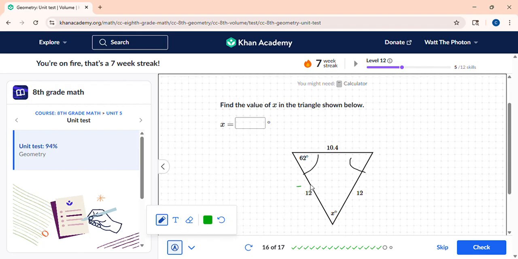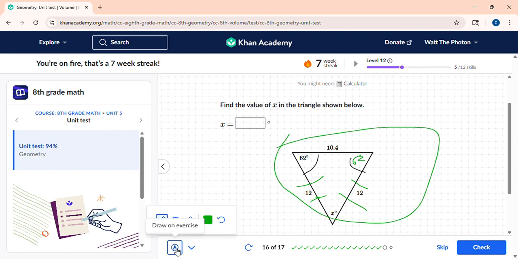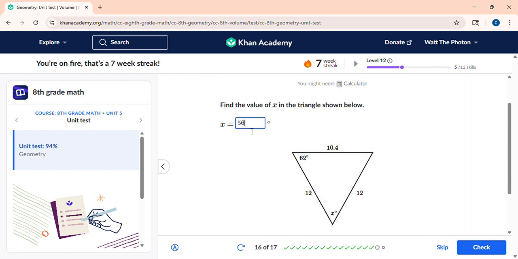Then a different color because these lengths are the same. So we have 62, 62, and then 62 times 2, and I subtract that from 180, which is the interior angle of all the angles. You get 56.